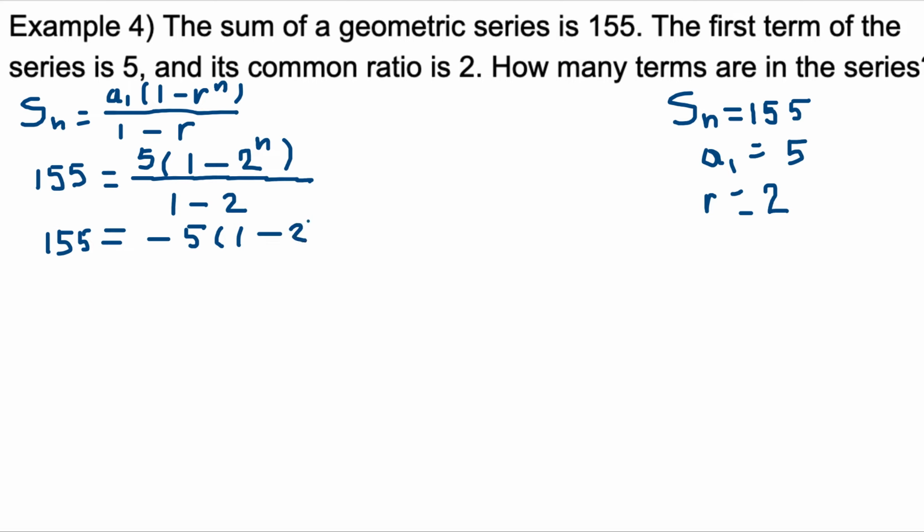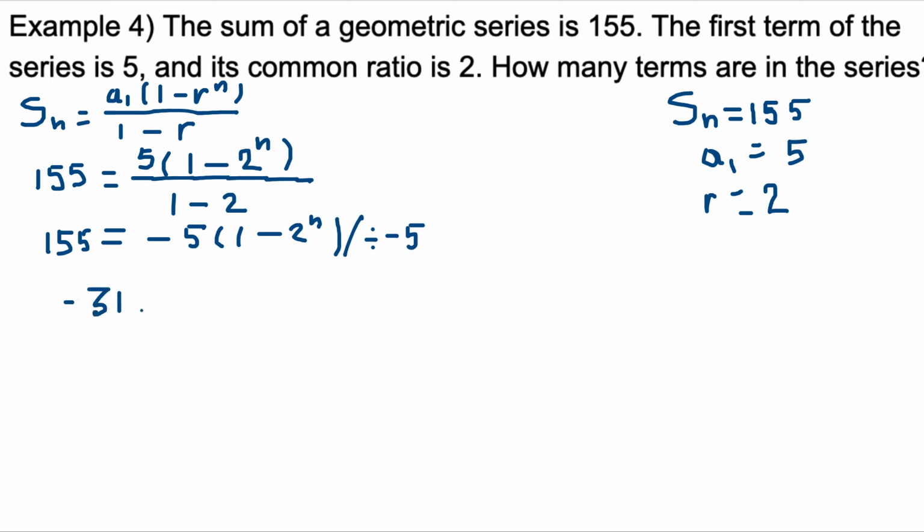We divide the whole equation by minus 5. 155 divided by minus 5 is minus 31.